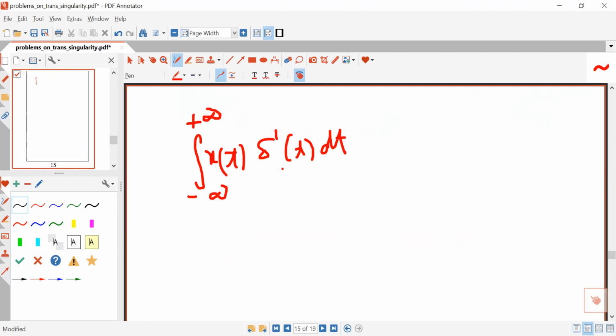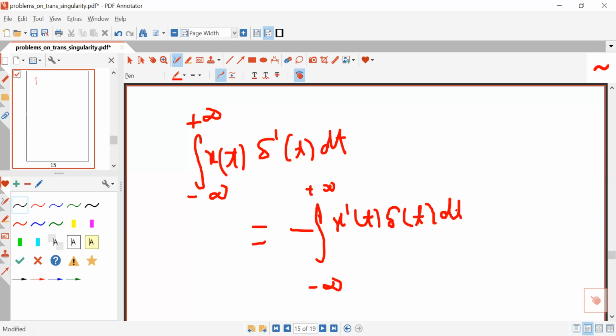You have to find the value of this integration. First, by the use of the property of integration, you can write this differential sign on x dash t. You just go through the previous video for this property. Delta t dt. You can write this as this.